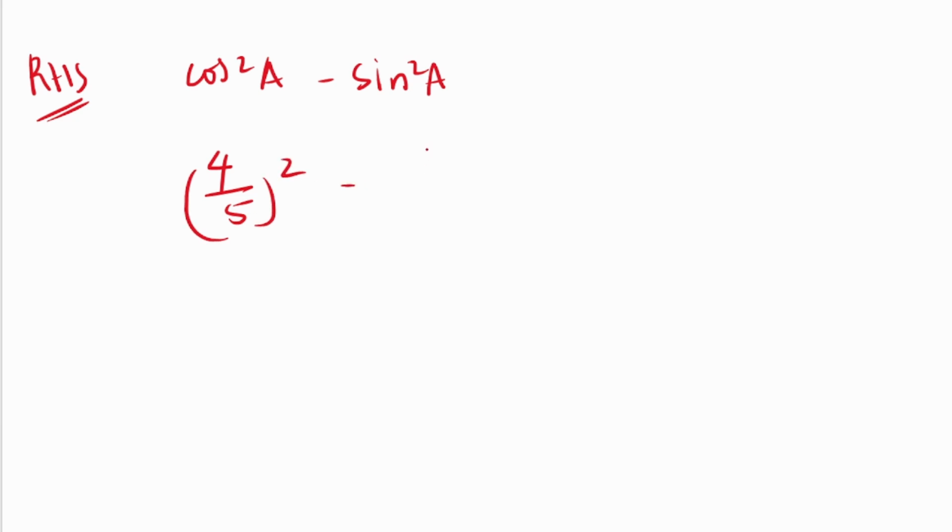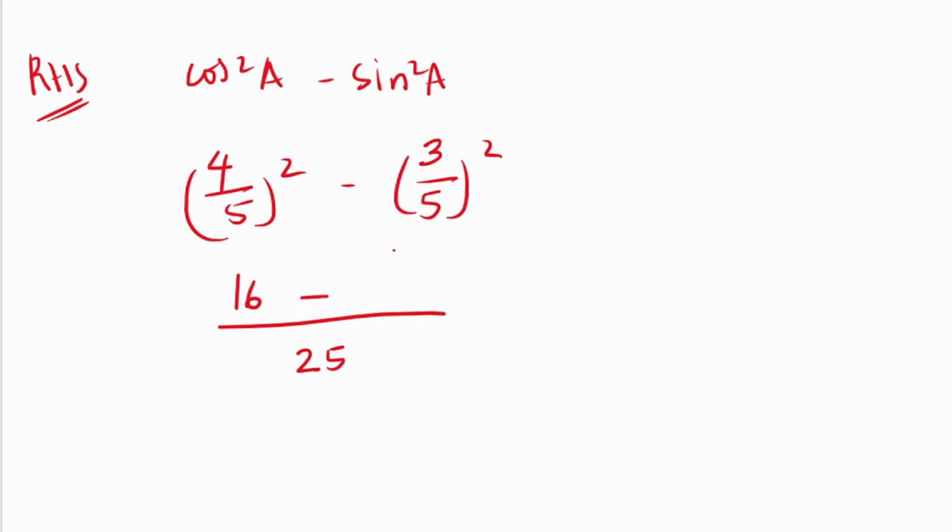You need to find the value of the RHS. The RHS is cos square A minus sin square A. Cos square A value is 4 by 5 whole square minus sin square A value is 3 by 5 whole square. 4 square is 16, here it is 5 square, so taking a common denominator of 25, minus 3 square is 9.